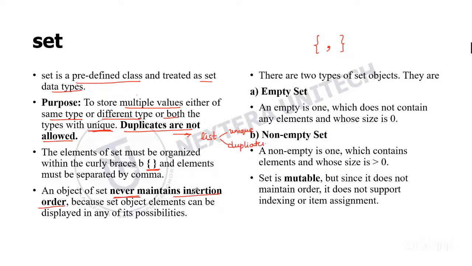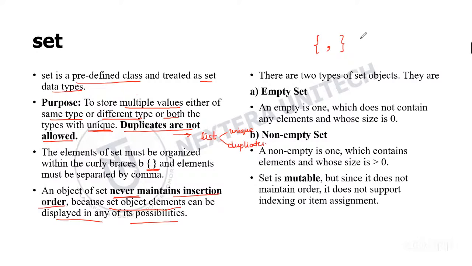Insertion order is nothing but the order in which we insert our elements, and in that same order it produces the output. Set elements can be displayed in any of the possible orders. The elements can be shuffled or it will give some order, but it will not maintain the insertion order.